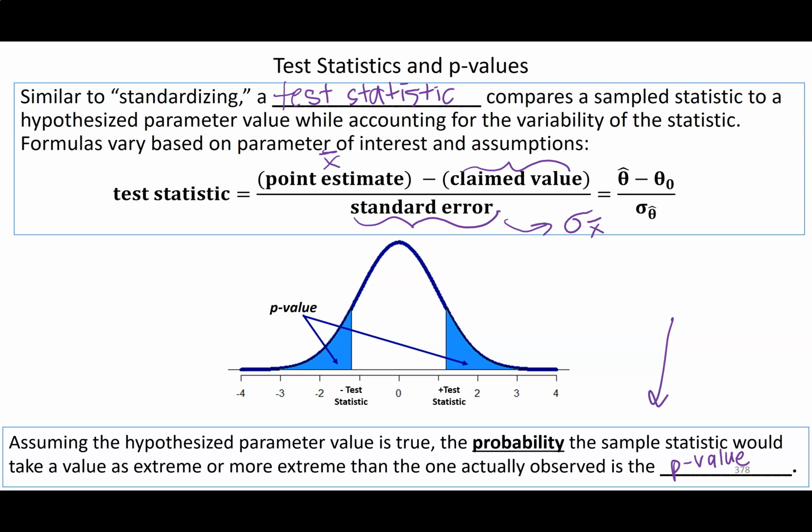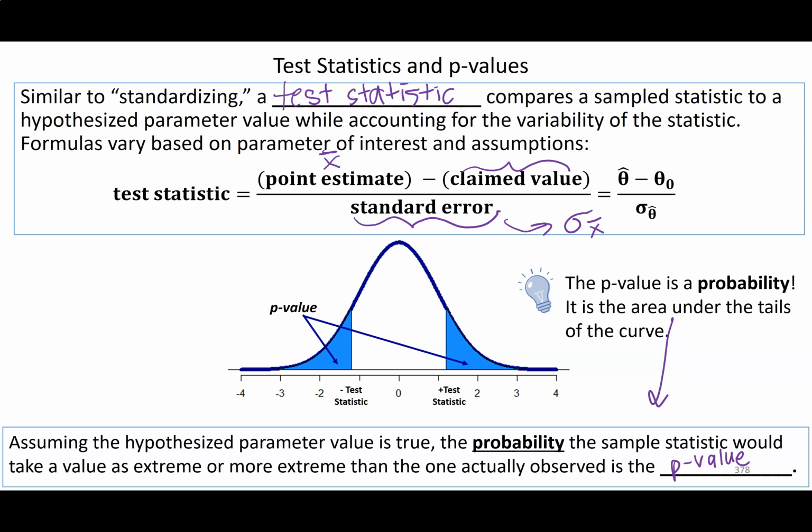How weird is what we saw in the sample? The p-value is a probability, so it has to be between 0 and 1. If your p-value is higher than 1, that is a great way to say, hey, something went wrong. Let's go back and check what we did.